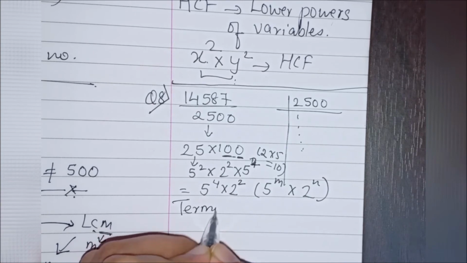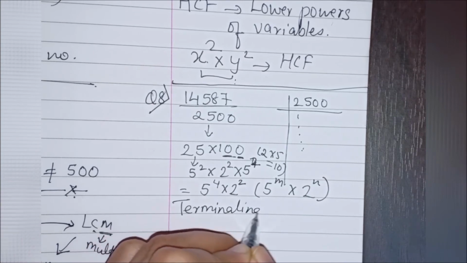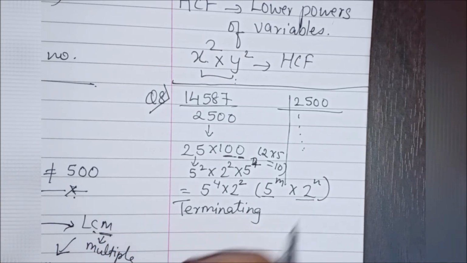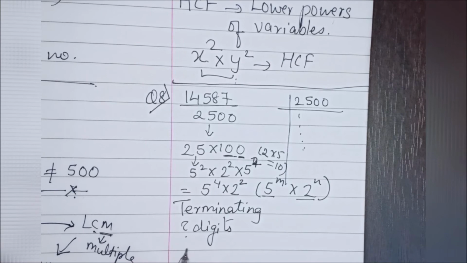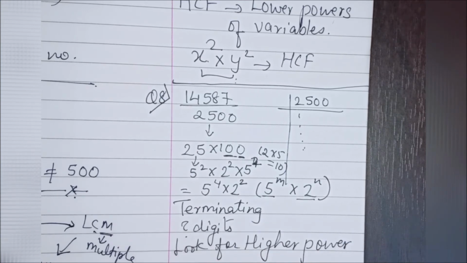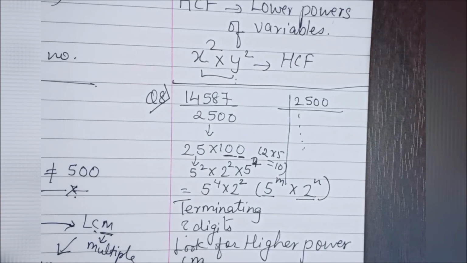That means we can write it in the form 5 raised to m into 2 raised to n. So whenever the denominator can be written in this form, which is 5 raised to m into 2 raised to n, then we can say the given rational number is terminating. There is no common factor between the numerator and denominator in this case. Now the question is how many digits will be there in our answer.